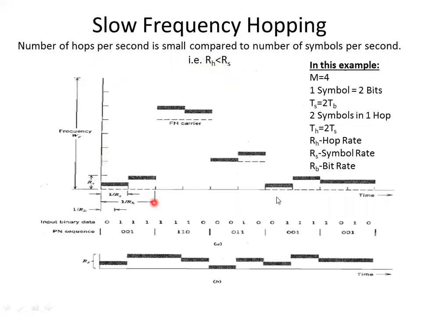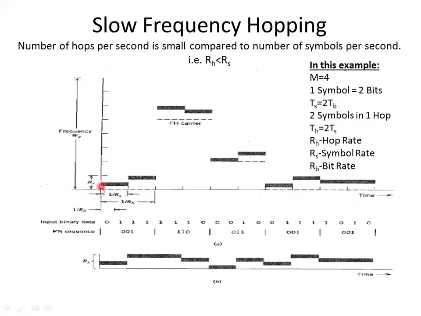This diagram shows it very clearly. In this example, we are assuming that M is equal to 4. What do you mean by M is equal to 4? M is the number of possible symbols. That means it is 4-ary FSK, with different carrier frequencies F1, F2, F3, F4. Here this axis is time and this axis is frequency.